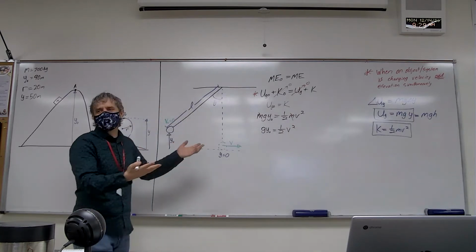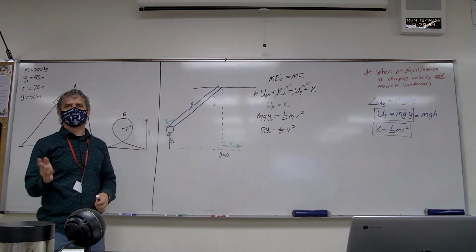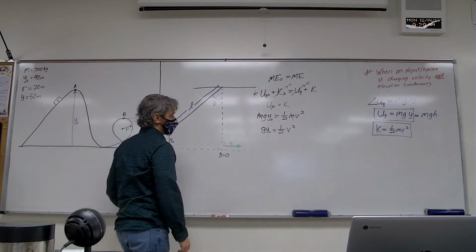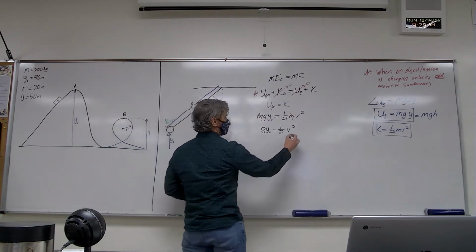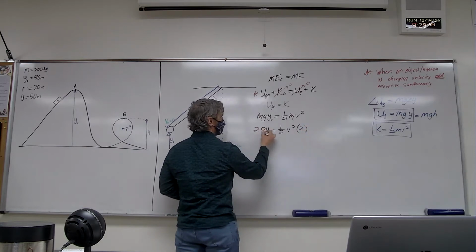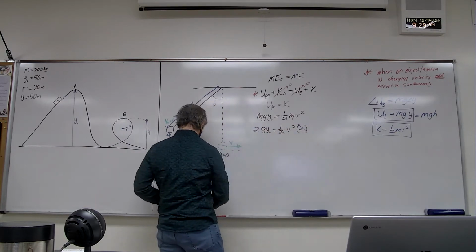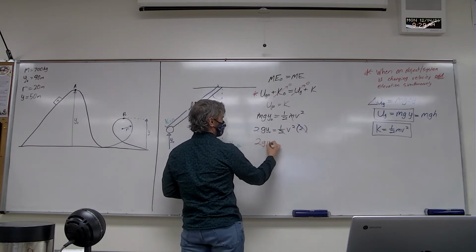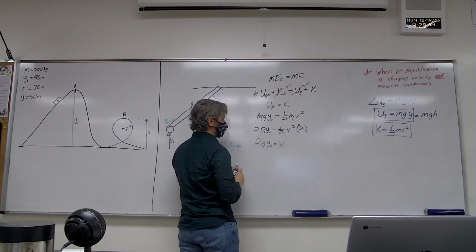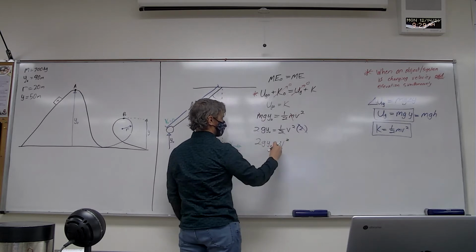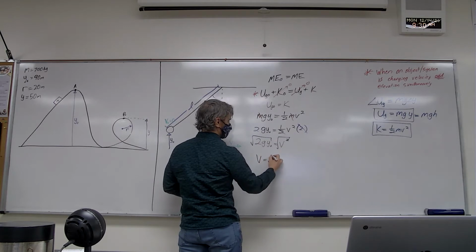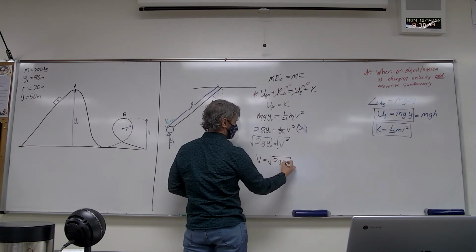The question here is to determine an expression for the speed of the object at the bottom. Then I multiply both sides by 2. Numerator 2, denominator 2. 2g times the initial height equals final velocity squared. Square root both sides, and then the final velocity is equal to the square root of 2g times y naught.